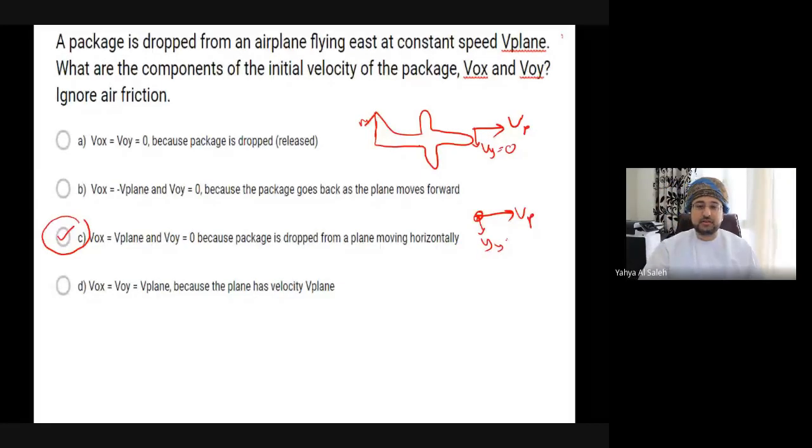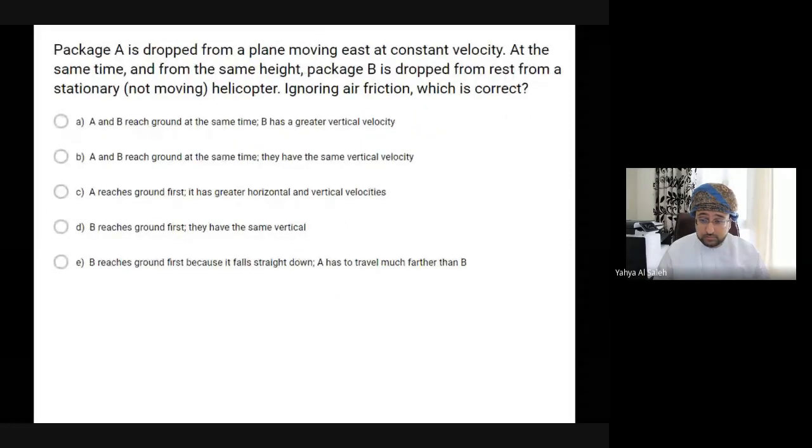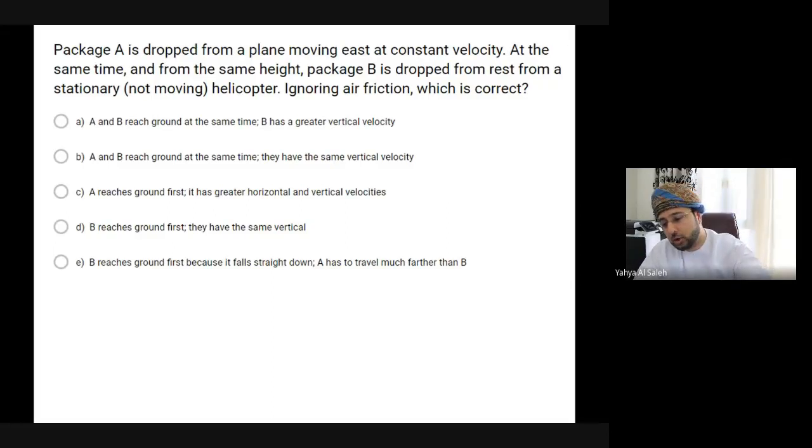Now what happens is, over time, Vp stays constant, but Vy increases because of gravity. So let's try again. Package A is dropped from a plane moving east at a constant velocity. So we have a plane, it's going east, V plane, constant velocity. Package A is dropped from this.